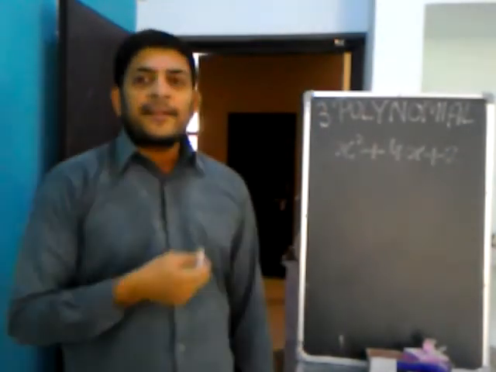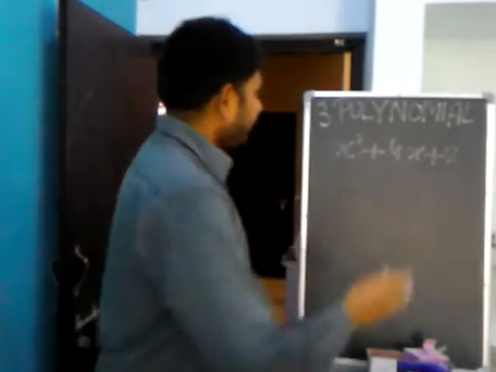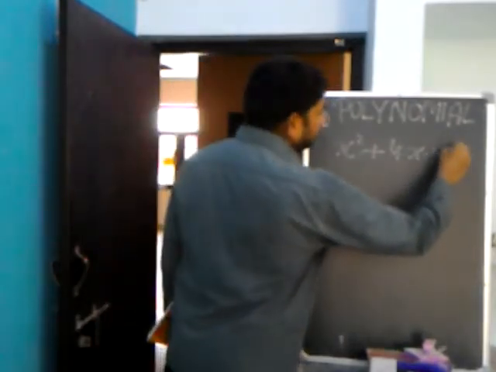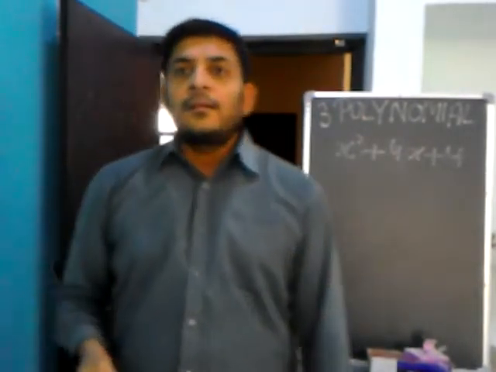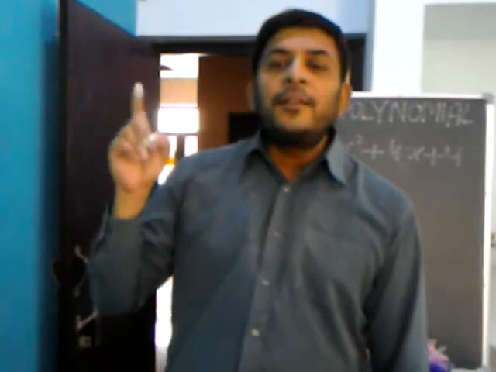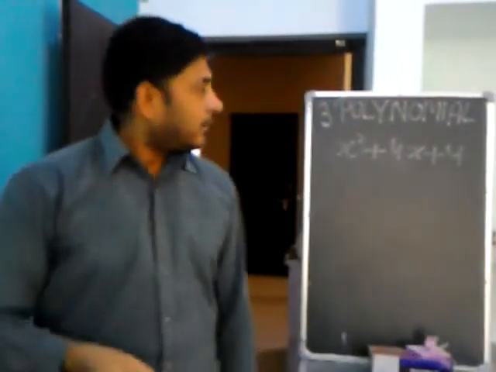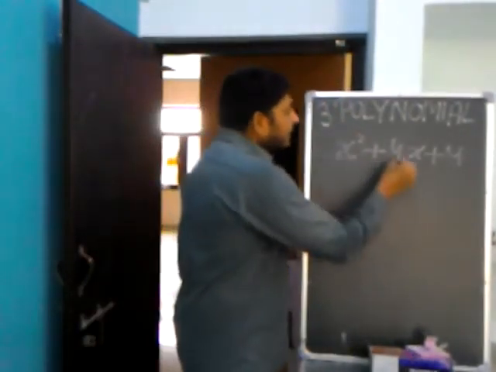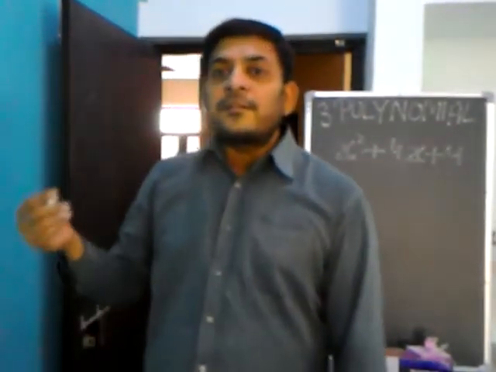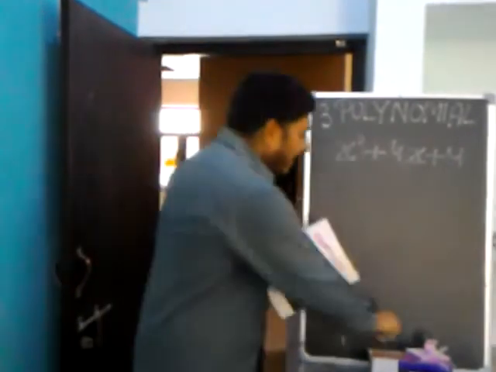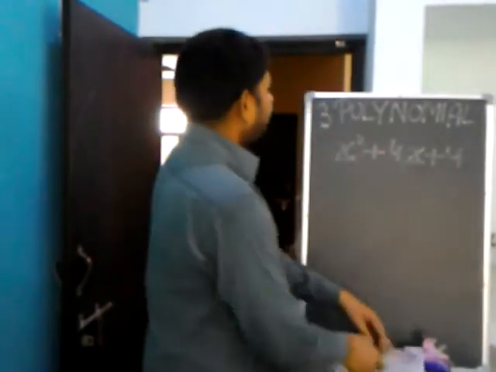We have solved questions like this, which on solving gave us values of x. That means values of these variables. And what does this value do? Let me show you.